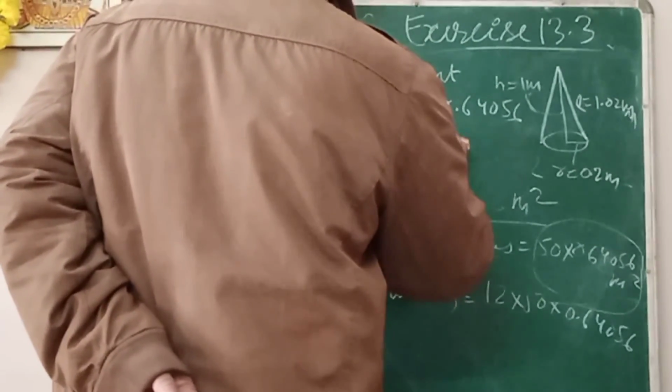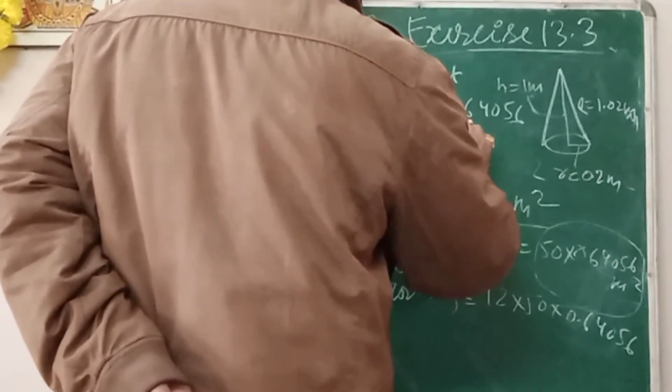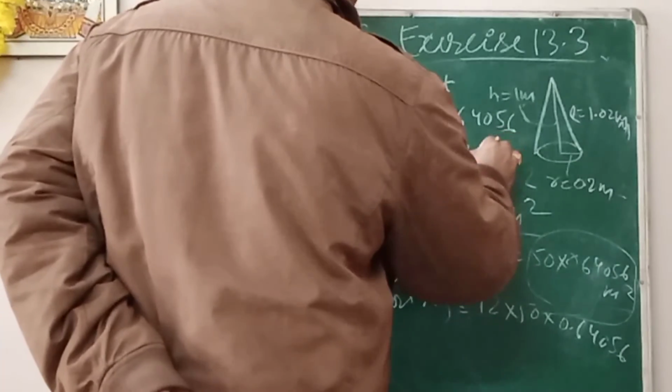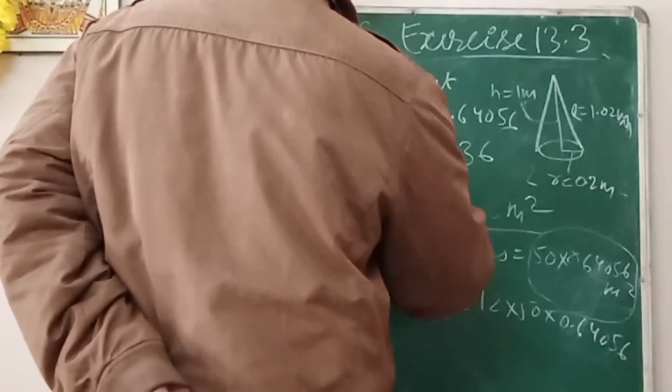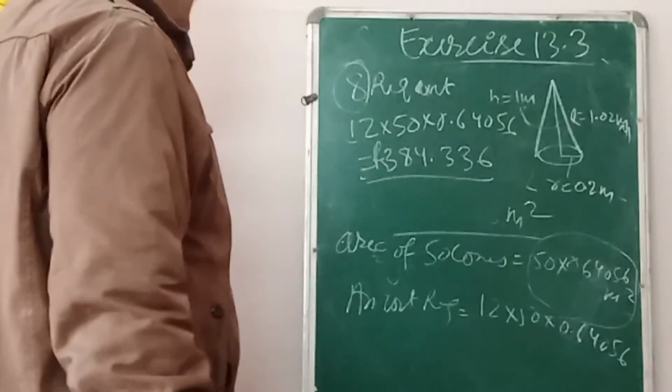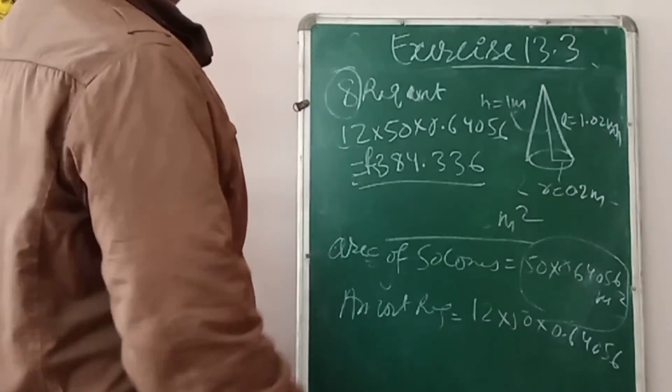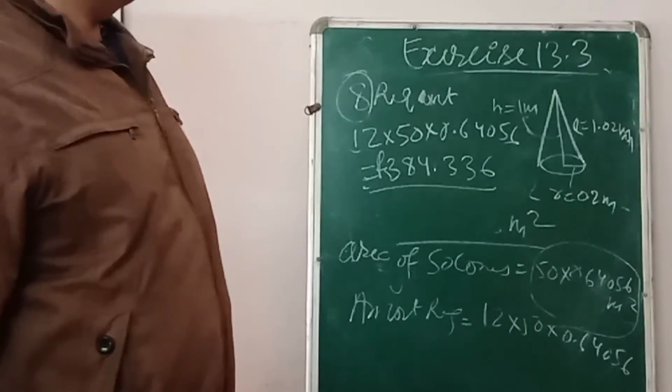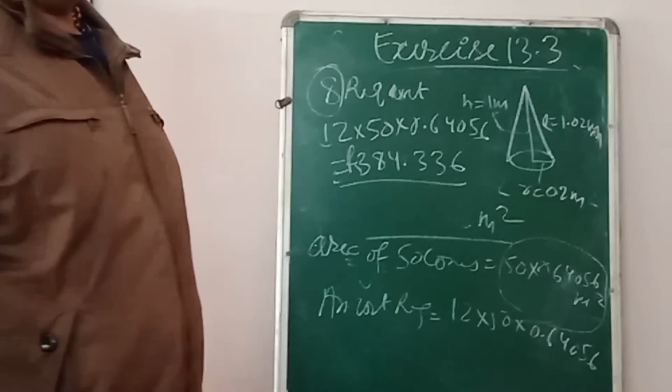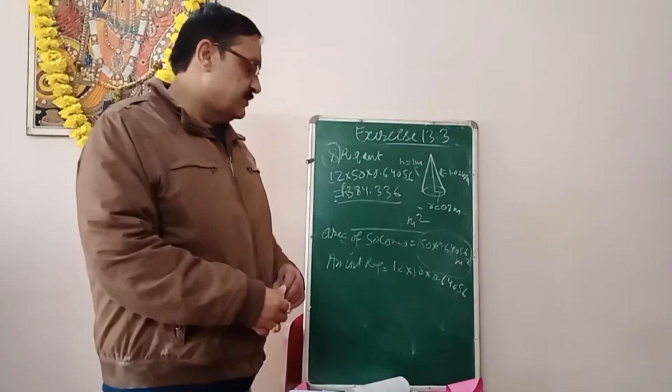Upon multiplying we will get 384.336 rupees. So this is the required solution of the 8th problem, and this is all about 13.3.